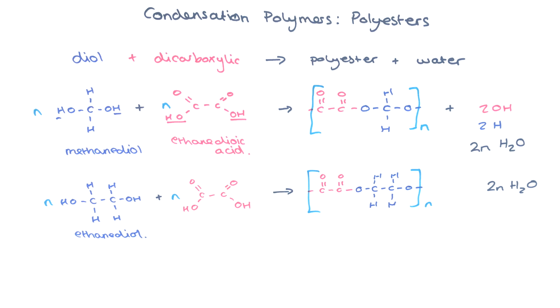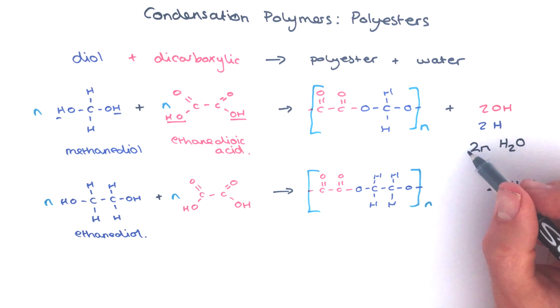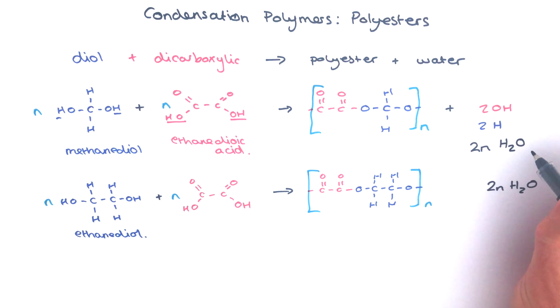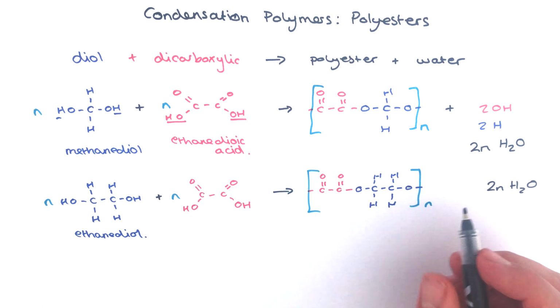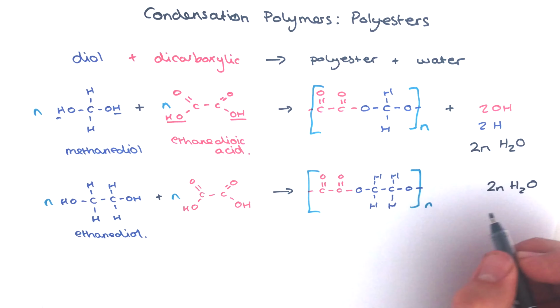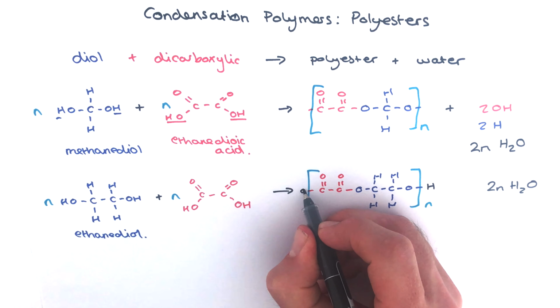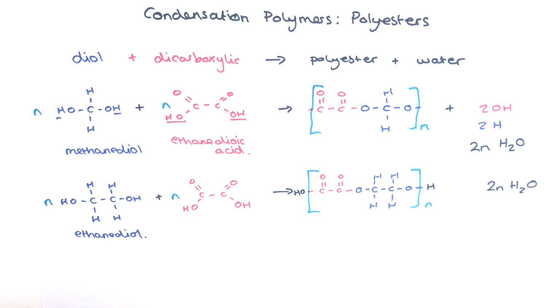Now, there's one more thing to talk about here. If we have a look at the number of water molecules that are getting made, now it's fine at GCSE to include it like this, but some of you may have noticed that at the end, you would actually need to finish the molecules off. Now, in reality, what would happen is when many of these have added together, the ends of these chains are going to be completed by adding on the hydrogen and the OH groups that they would normally have if they were carboxylic acids and alcohols.